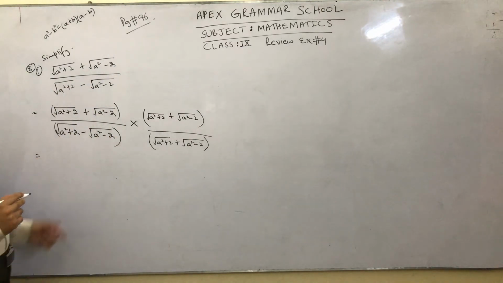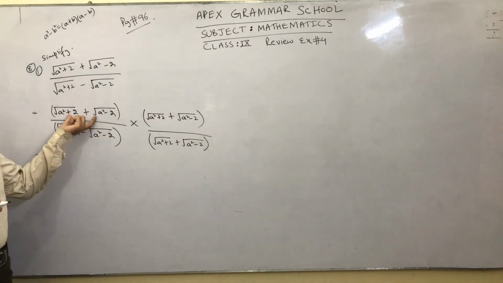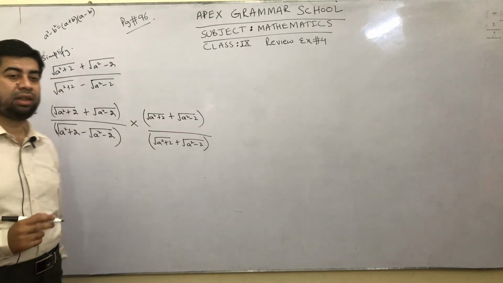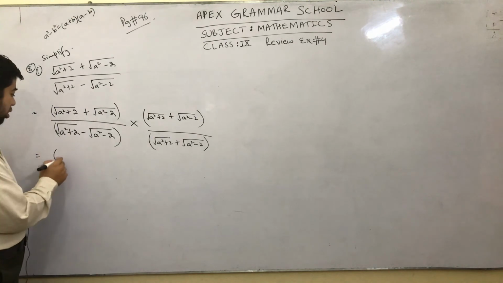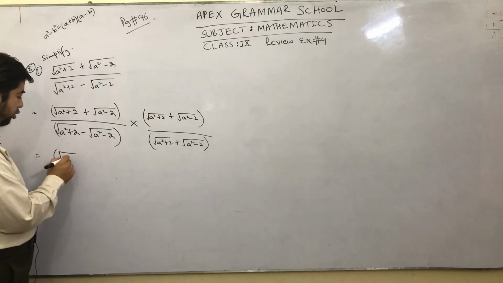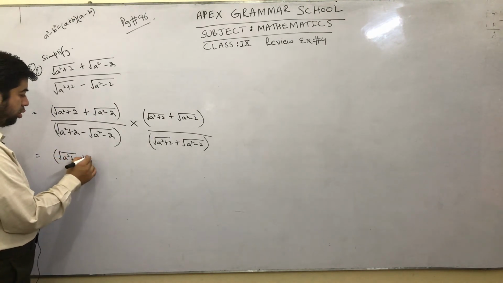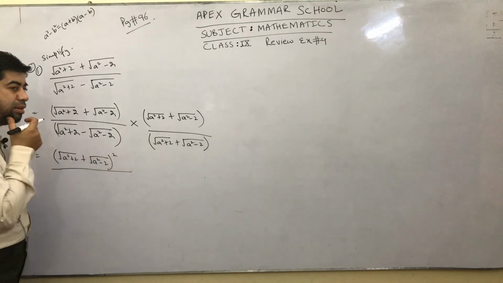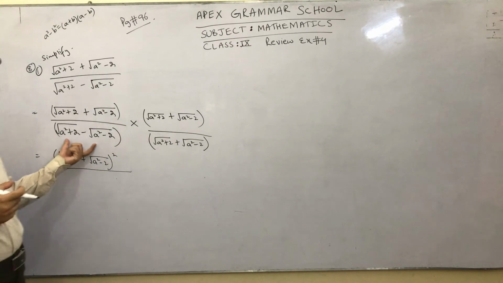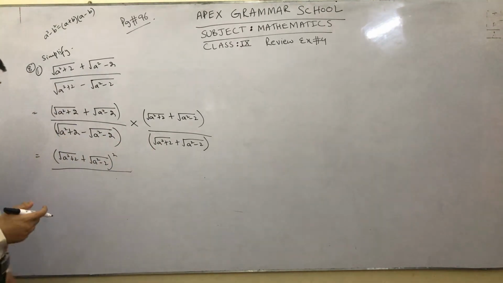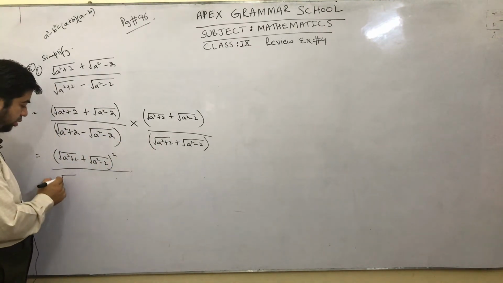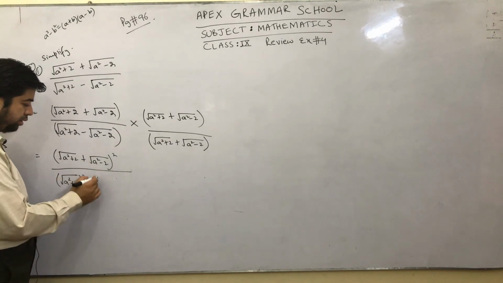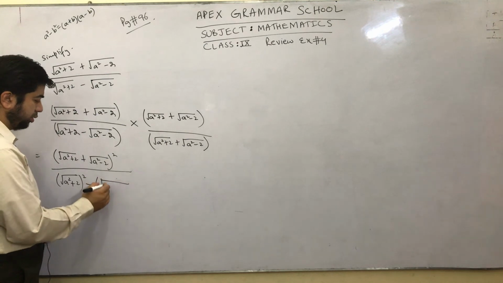Now you can see that in the numerator this thing and this thing are the same, so a plus b into a plus b, that is a plus b whole square, like square root a square plus 2 plus square root a square minus 2 whole square, and in the denominator a minus b into a plus b, meaning a square minus b square.